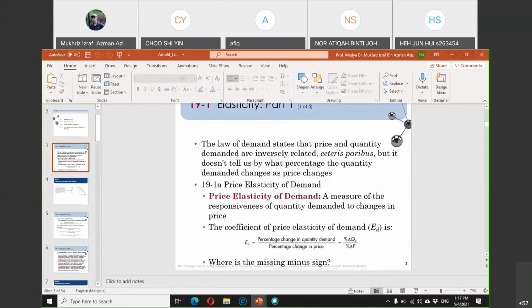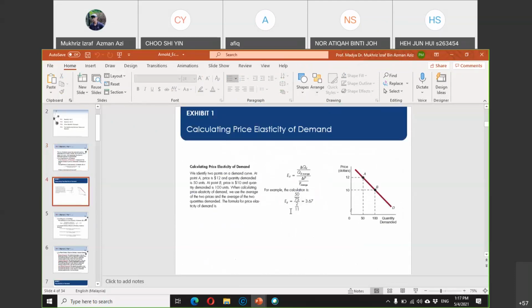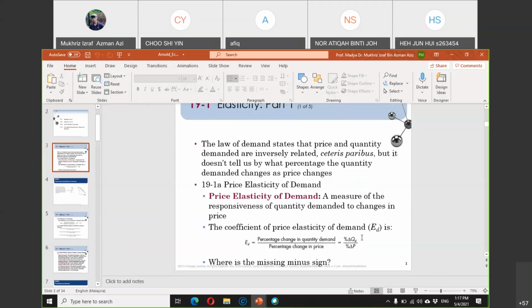Price elasticity of demand measures how sensitive the consumers are, the responsiveness of the demand, specifically quantity demanded, given a change in the price. The general formula is percentage change in quantity demanded divided by percentage change in price.